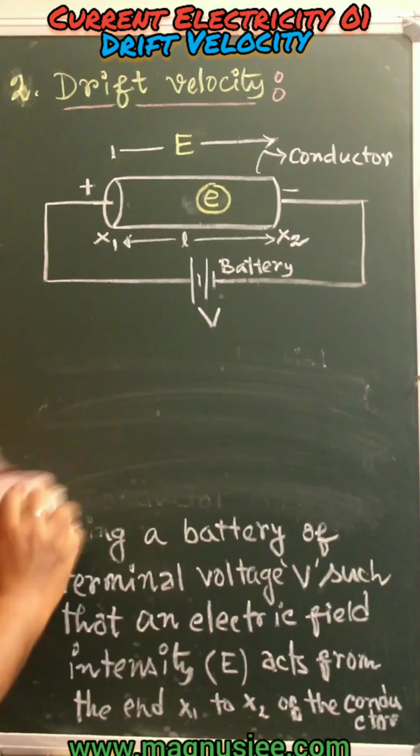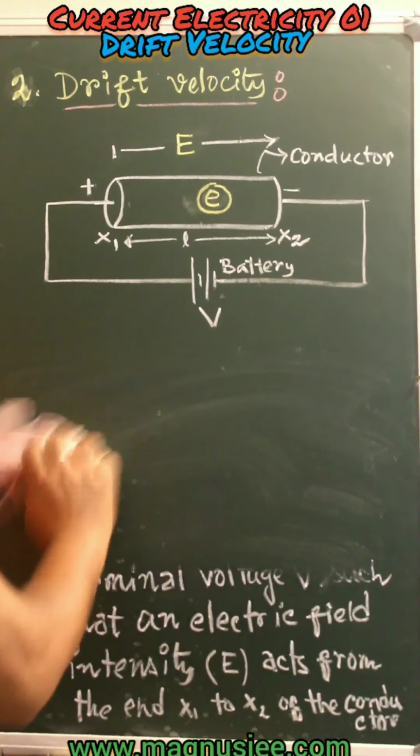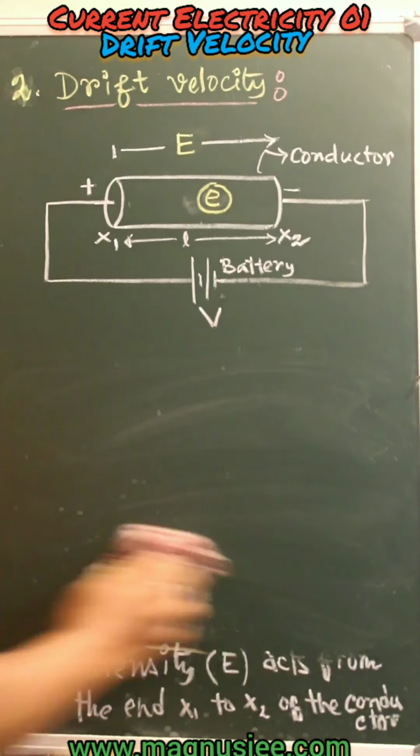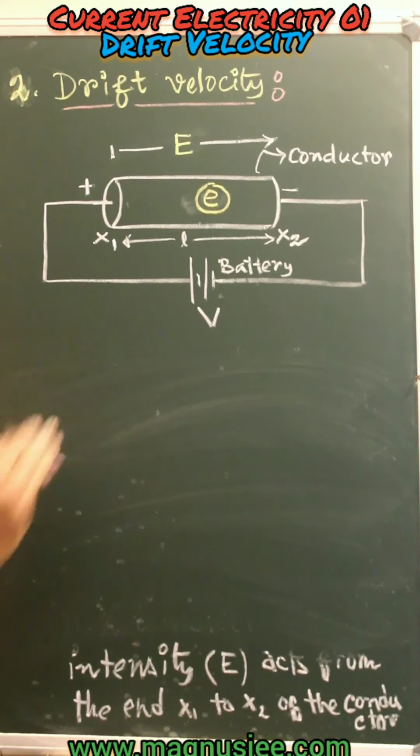We can erase this part. We have to find the expression of drift velocity.